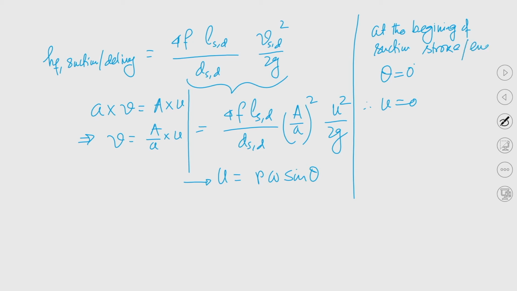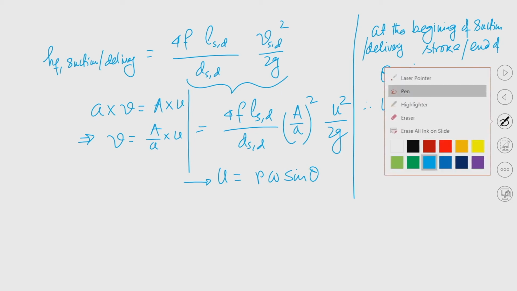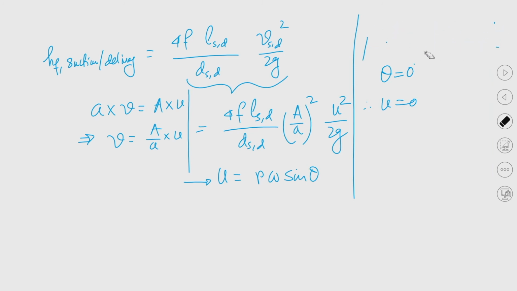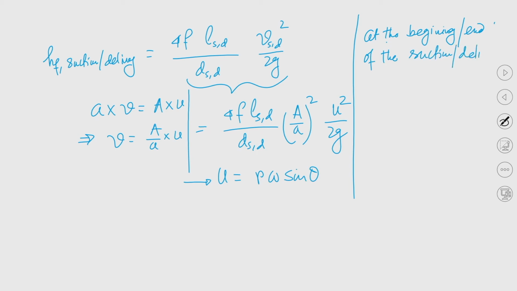I can write it in a generic form: at the beginning and end of the suction stroke and delivery stroke, theta equal to 0, therefore u equal to 0, right.